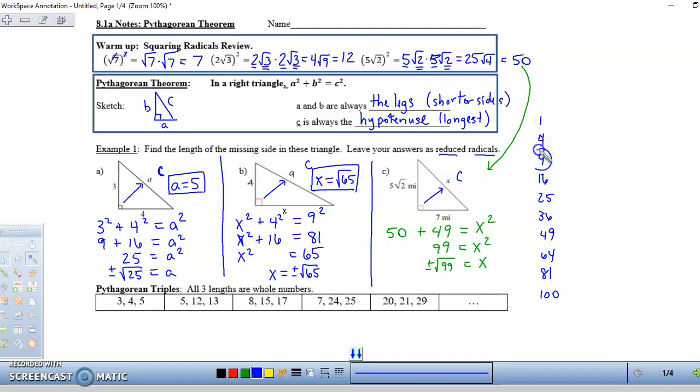Notice that 9 here divides into 99. So I'm going to change this to the square root of 9 times the square root of 11. And then square root of 9 is 3 times the square root of 11. So that would be my final answer for x.